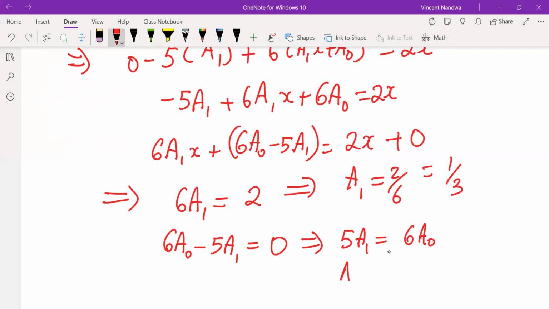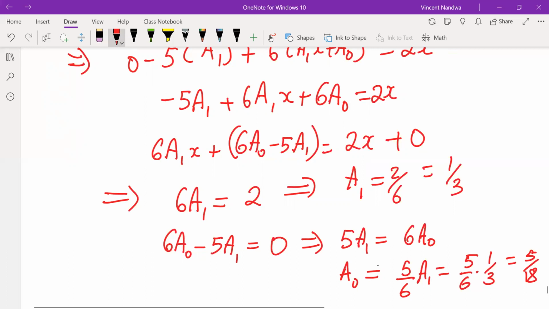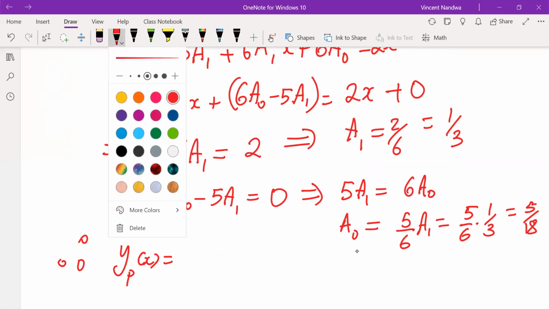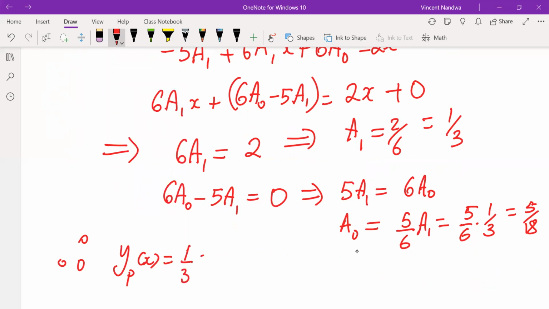So a naught will be 5 over 6 a1, which is 5 over 6 times 1 over 3, which is 5 over 18. Therefore yp of x is a1x, 1 over 3 x, plus a naught, which is 5 over 18. So this is the correct solution.